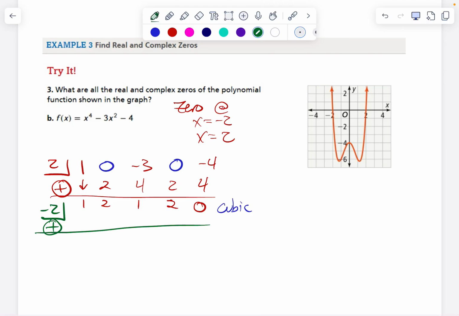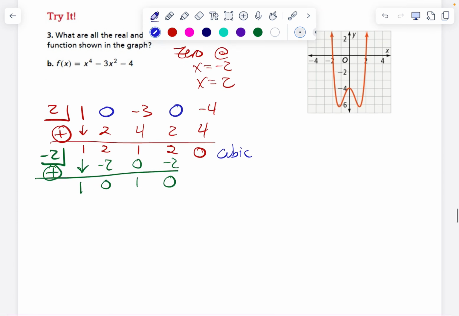Bring down your 1, and start over. We don't actually need that 0 at the end because that was just our remainder. All right, what's the degree of that result?